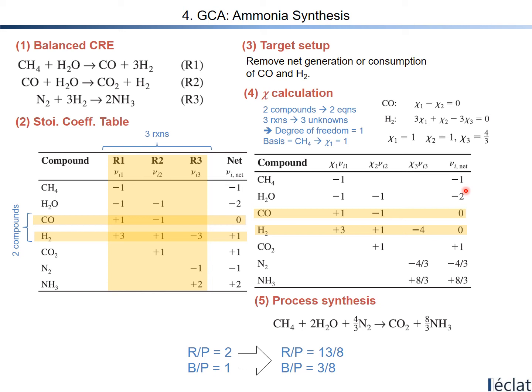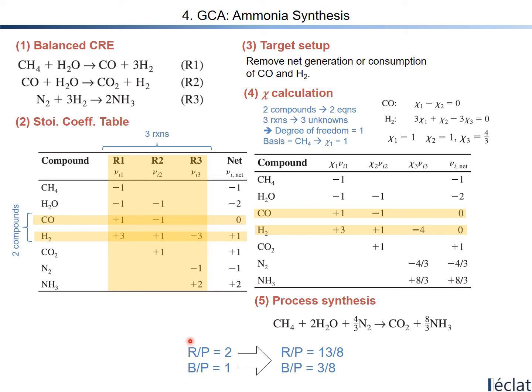Okay, let me compare the values of RP and BP between those two tables. This table is before the process synthesis. This table is after the process synthesis. Let me start with the original one. For reactants, check the minus sign: 1, 3, 4.